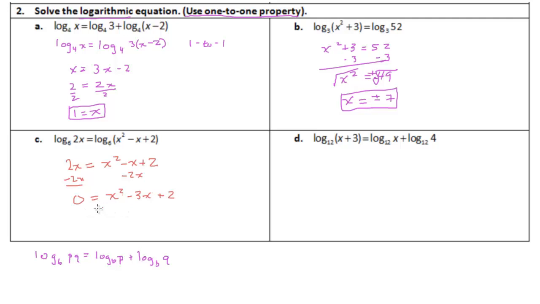And we'll solve this by factoring. We need factors of positive 2 that add up to be negative 3. It'll be negative 1. My bad. Right here, that add up.